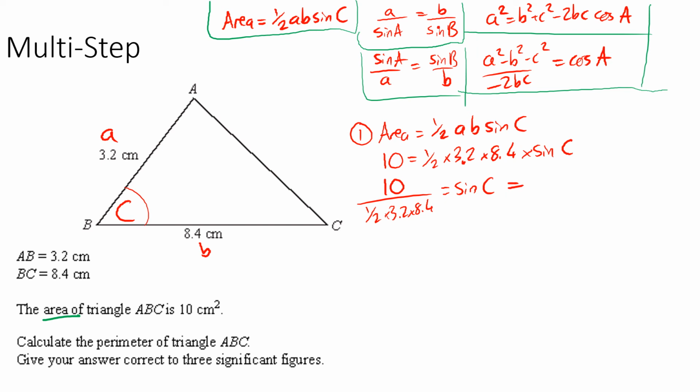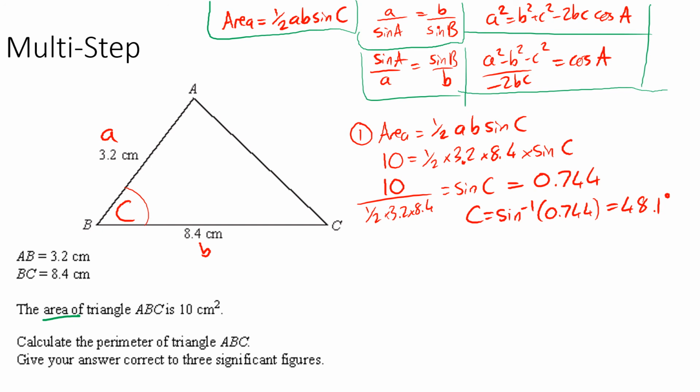If we plug that in, we'll get 0.744, and obviously it's sin, we want the actual angle, so we're going to have to use shift sin on that, and we'll get that missing angle is 48.1 degrees.